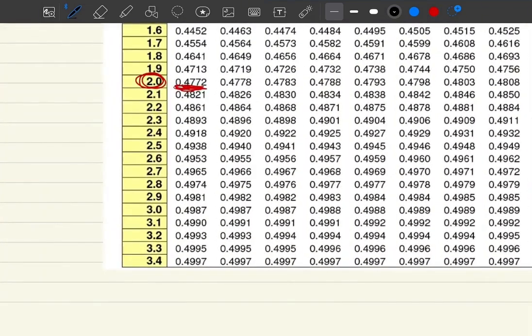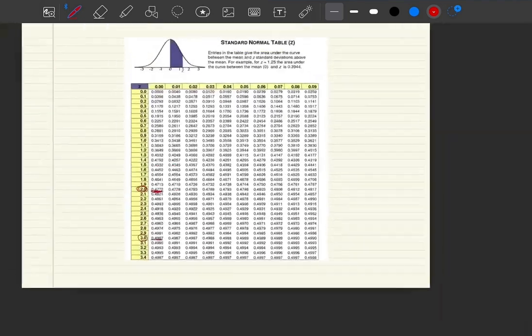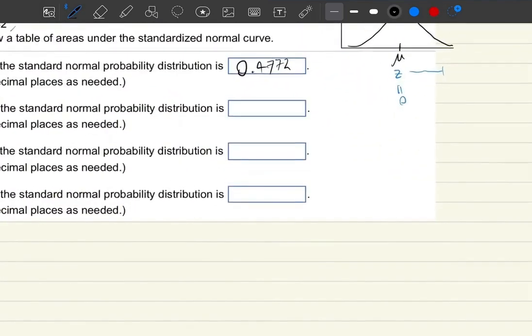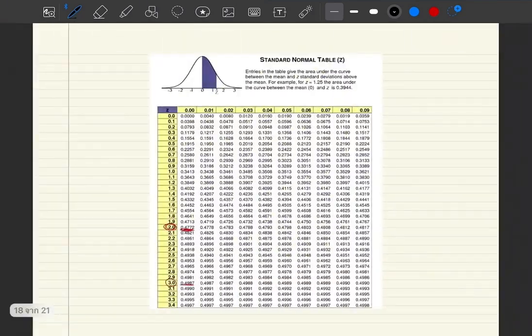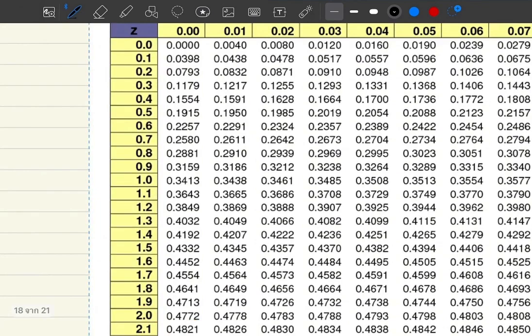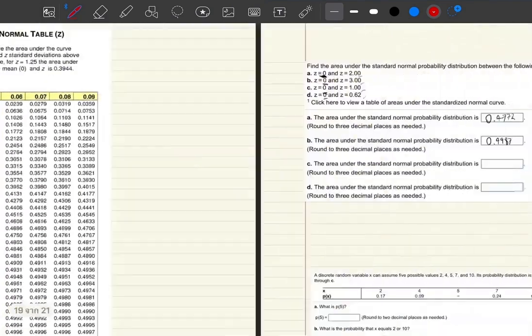Z equal to 3, so it's over here. So it's gonna be this number, which is 0.4987. The next one is 1. Z equal to 1 is equal to 0.3413.